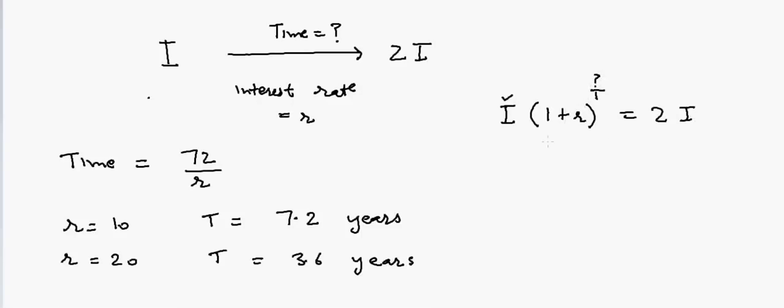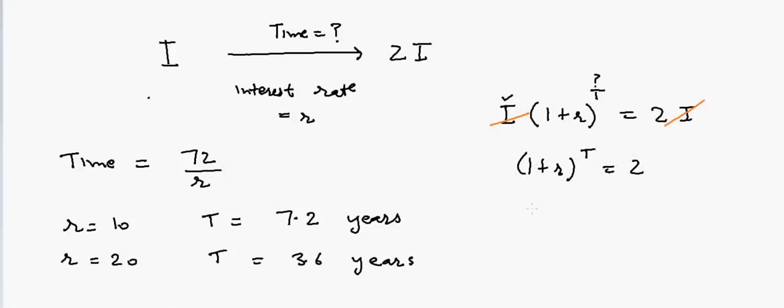Now if we solve this equation, I will be cancelled out by the other I. So this will cancel out, and then we have (1 plus r) to the power t is equal to 2.